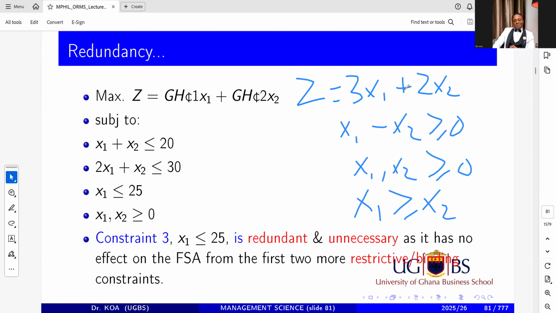It's still a feasible solution, but the z function is going to be infinite. The objective function is going to increase and increase without limitation.